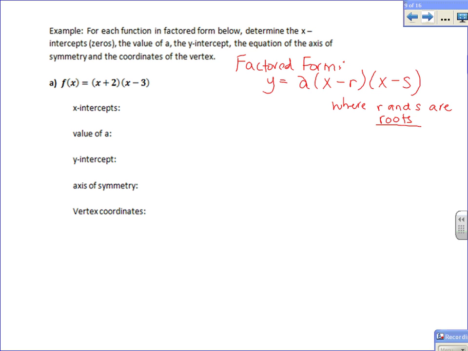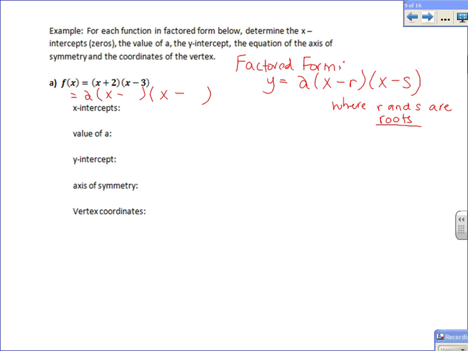I'm going to rewrite this equation so that it looks exactly like factored form. I'm going to write factored form underneath it. So I see that it's going to be equal to a times (x minus r)(x minus s).